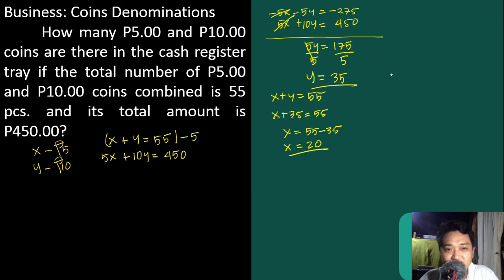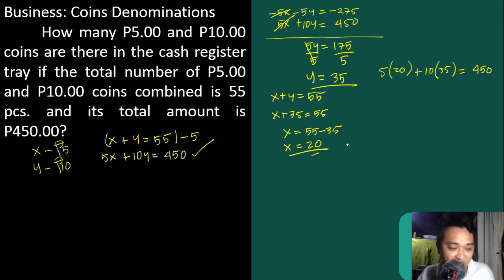Now let us check using the second linear equation. So we have 5 times 20, the value for x, plus 10 times 35, the value for y. That should amount to 450 pesos.